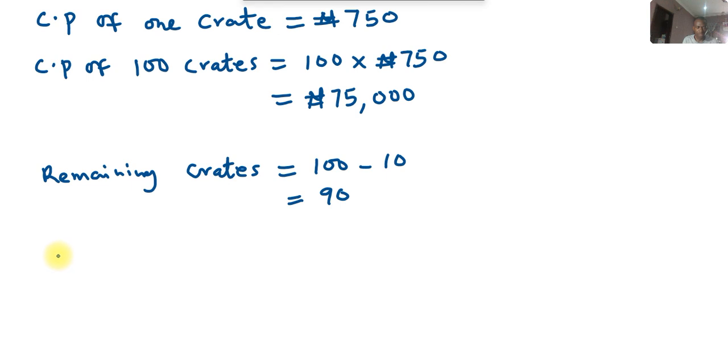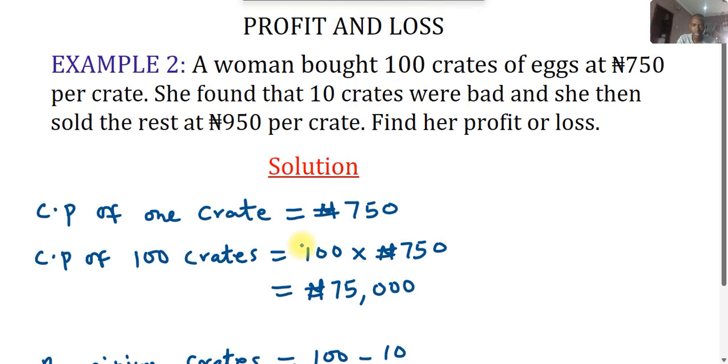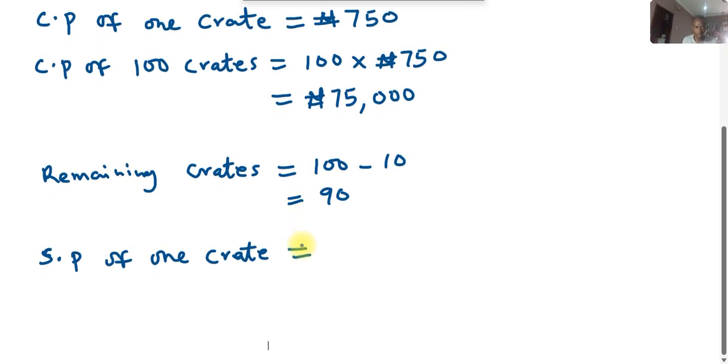So we have the selling price. The selling price of one crate has been given to us. Let's check. The price of that is 950 naira.